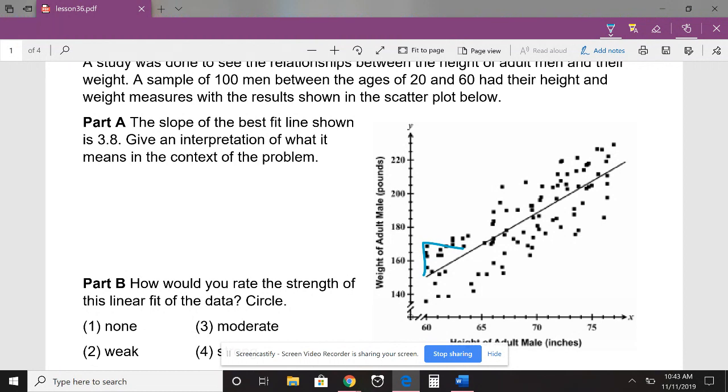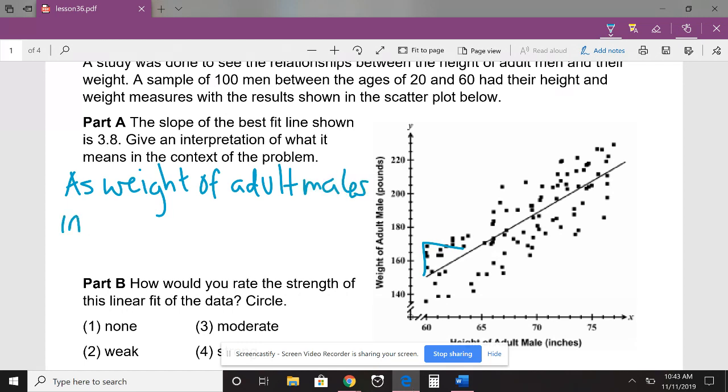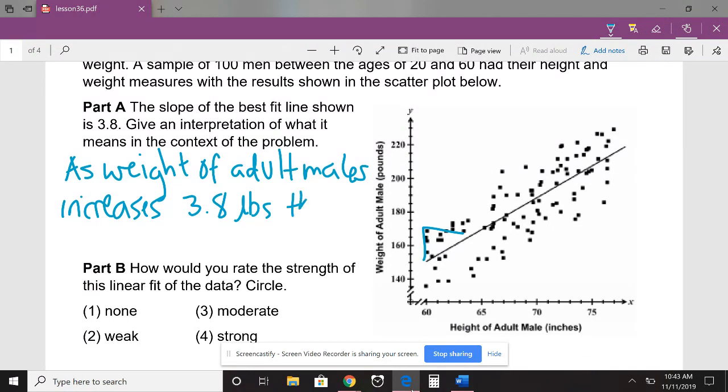So that means as the weight of the adult males increases 3.8 pounds, the height increases by 1 inch, since my x value is the height of adult males in inches.